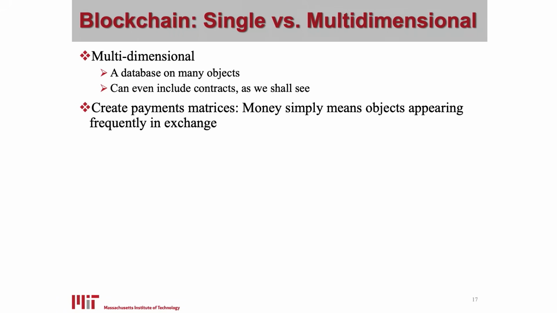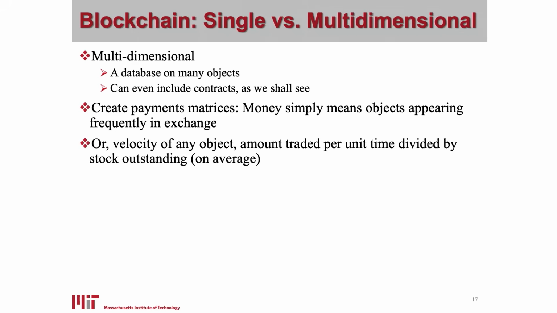Money would be an object that appears frequently in exchange, or alternatively is an object that has a high velocity. It's an object where the amount traded typically divided by the stock of it is large. In other words, there's a lot of turnover in the stock.